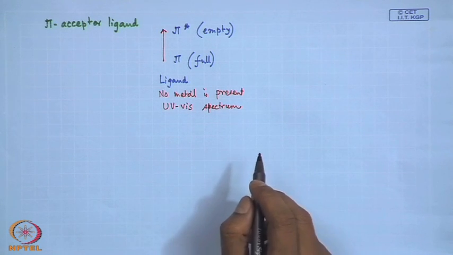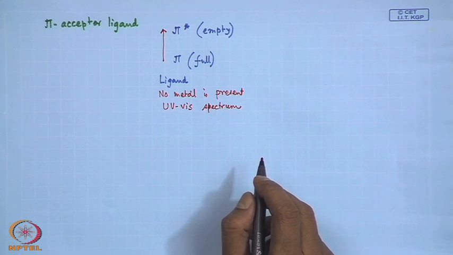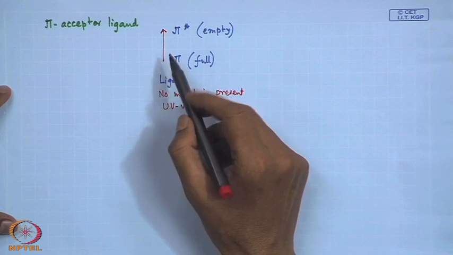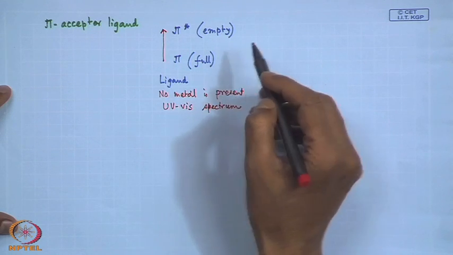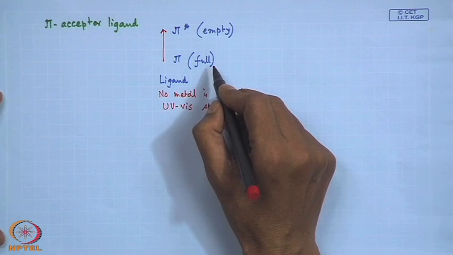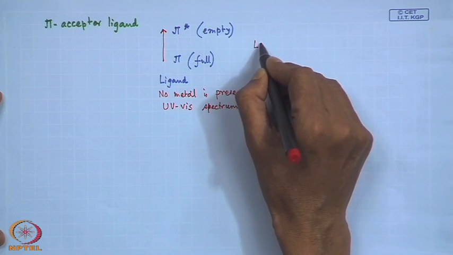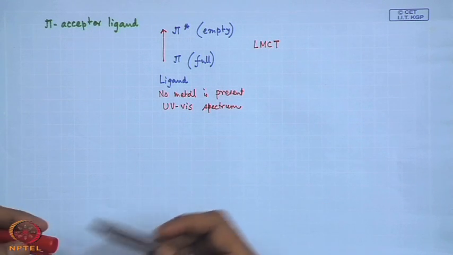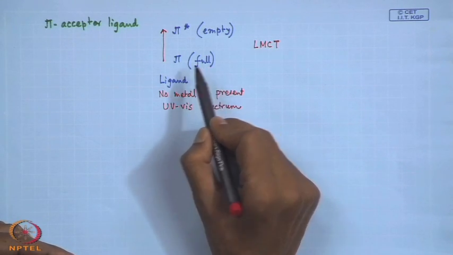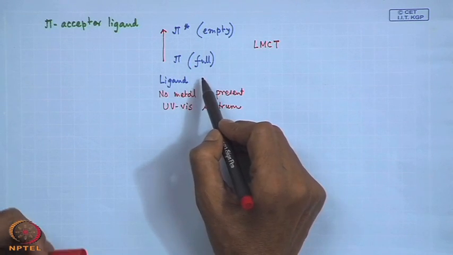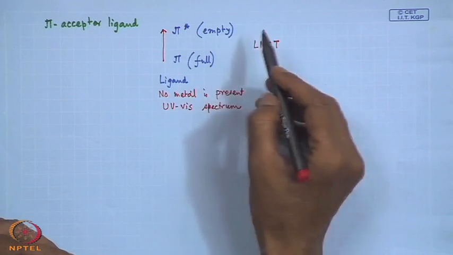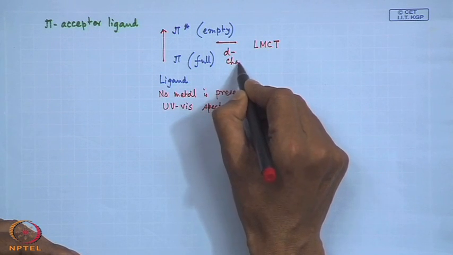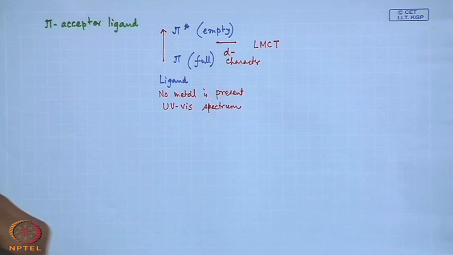But when the metal d orbital comes into the picture, the metal can accept electron density from the ligand during coordination, and the ligand can donate the electron density, and we can see that ligand to metal charge transfer transition can take place. So, this electronic charge from the ligand pi level can go not to the pi star level, but to some intermediate level of d character from the metal ion.